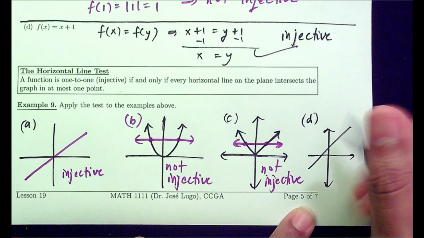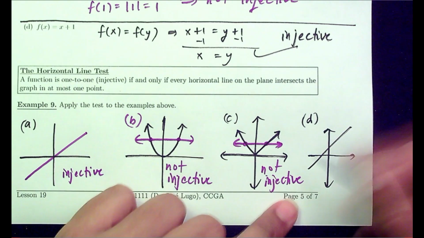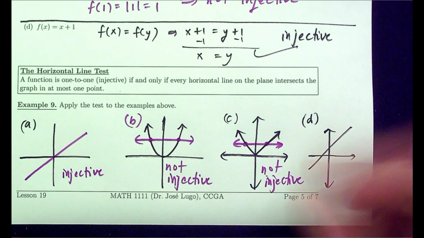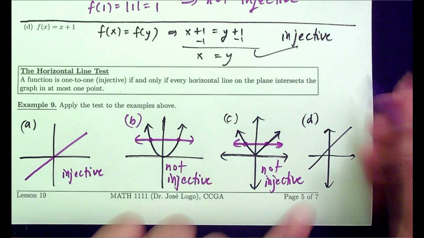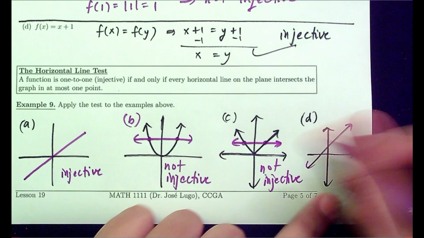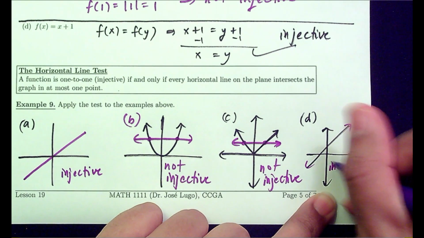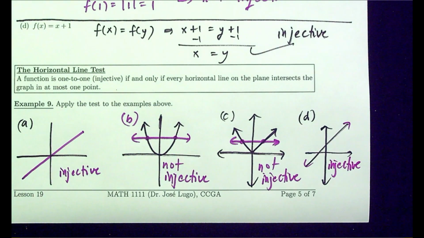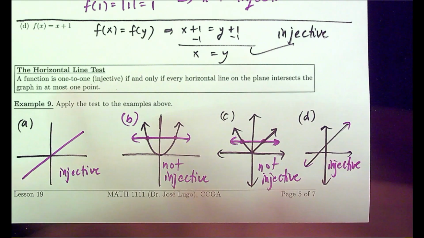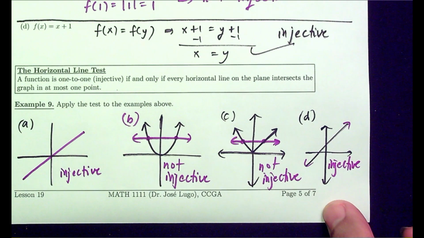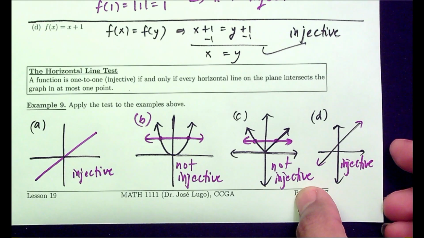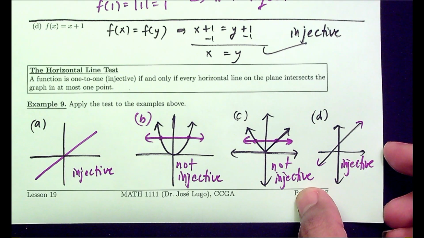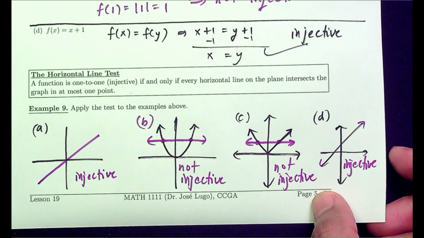But that's not terribly important to figure out whether it's injective or not. So you have the visual, okay, that's good enough. And that is injective because it passes the horizontal line test. Imagine horizontal lines, it doesn't violate the horizontal line test. So this is a quicker way of figuring out whether a function is injective or not.